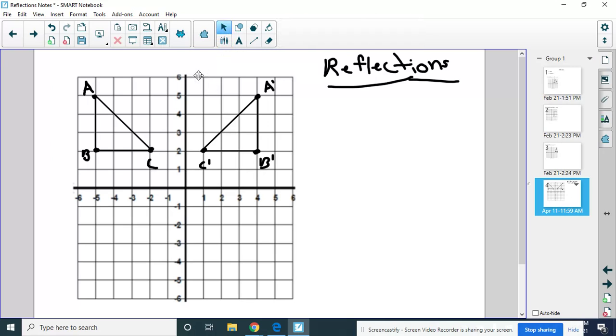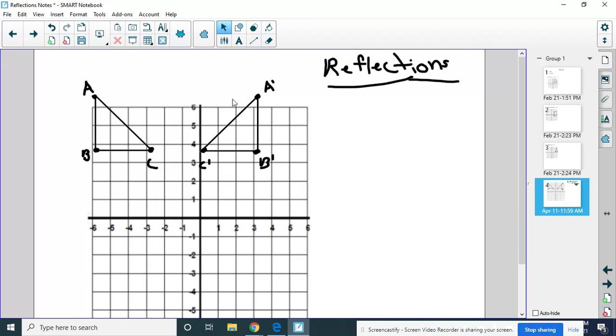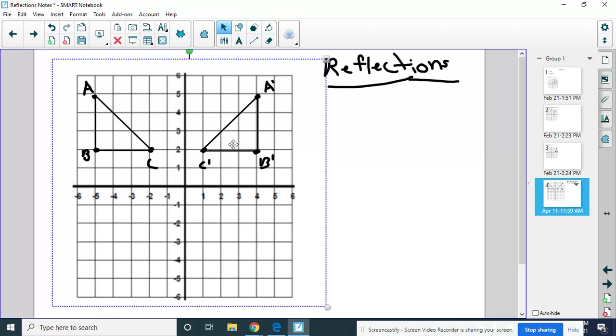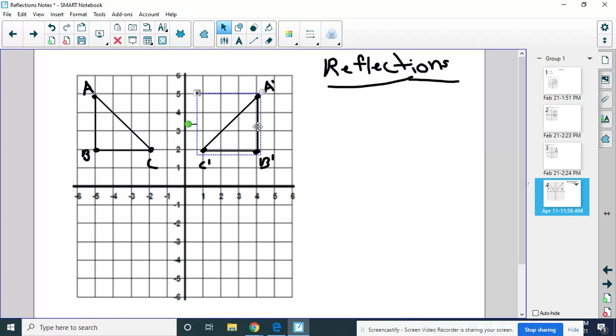In reality, what is actually happening is this triangle is actually right here, and then my points are there. Now, you should be able to tell what it reflected over. If you couldn't tell, it looks like it's reflecting over the y-axis.